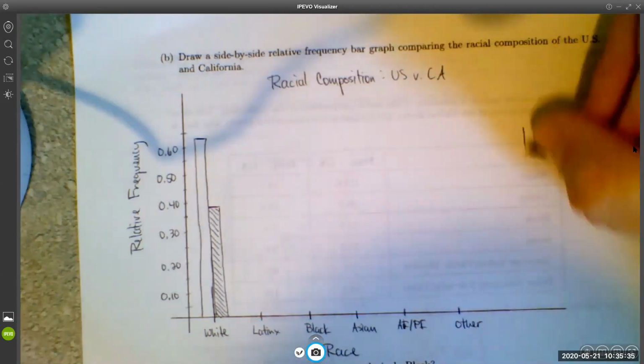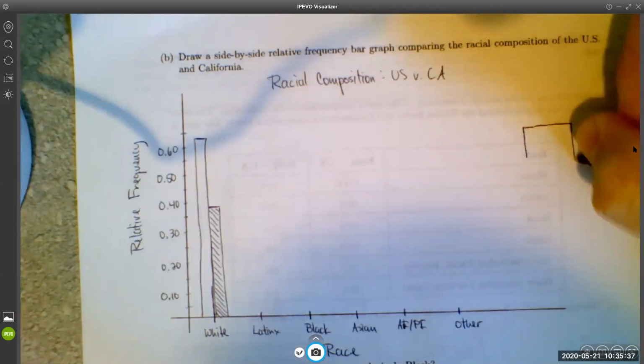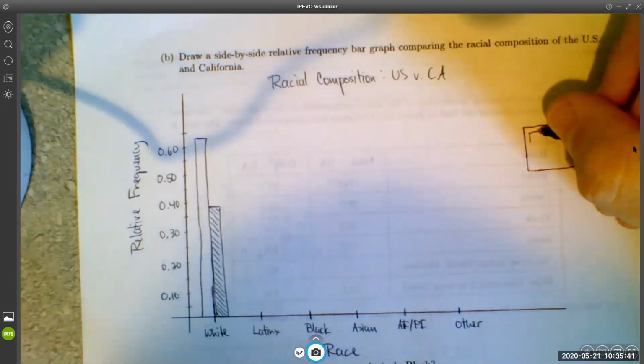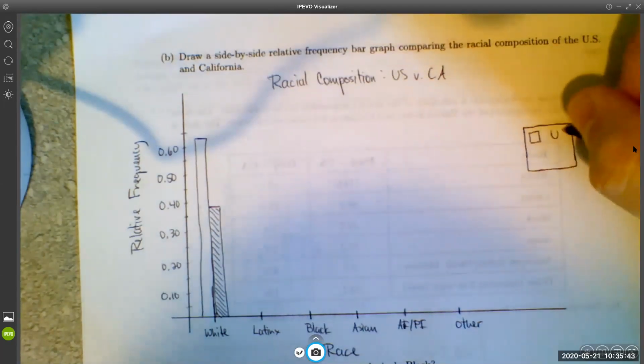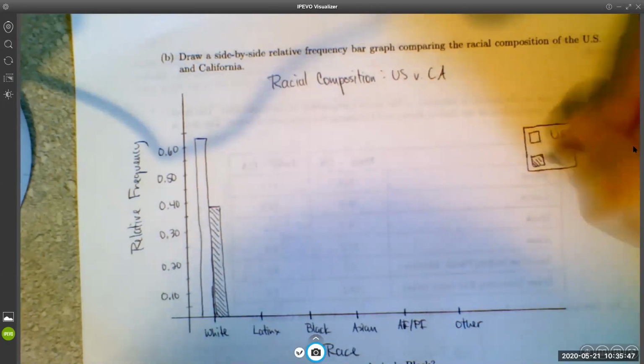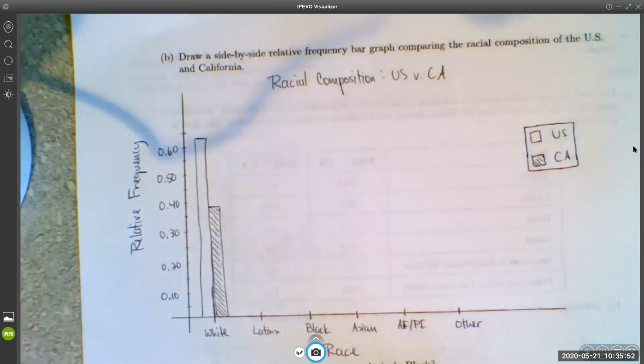And over here off to the side, I'll give the reader a little key so that they know if the box is not filled in, that represents the US. If the box is filled in, that represents California. Okay. And then I'll continue doing this with all the other groups.